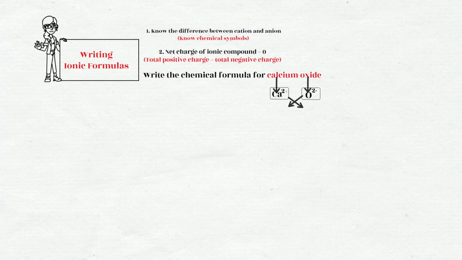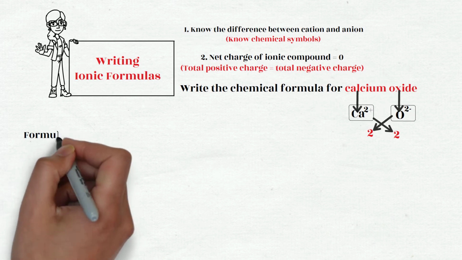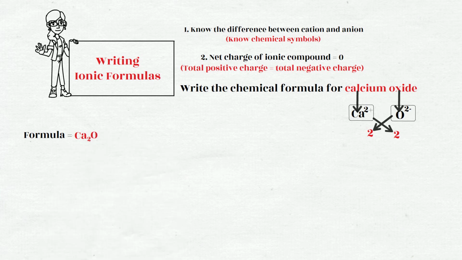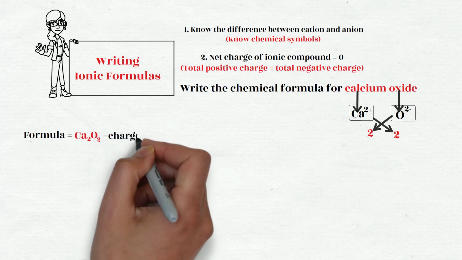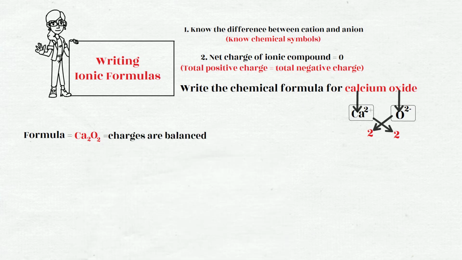Doing a cross multiplication of charges, the subscript of calcium becomes 2, and the subscript for oxide becomes 2 as well. Therefore, theoretically, the formula can be written as Ca2O2. This means that the charges balance out and the sum of the cation is equal to the sum of the anion. This is because you have a total of 2 cations and a total of 2 anions.